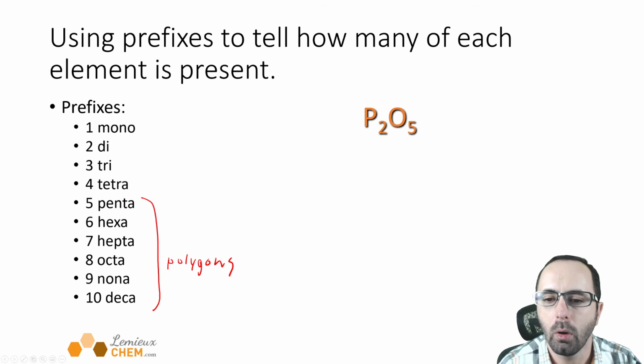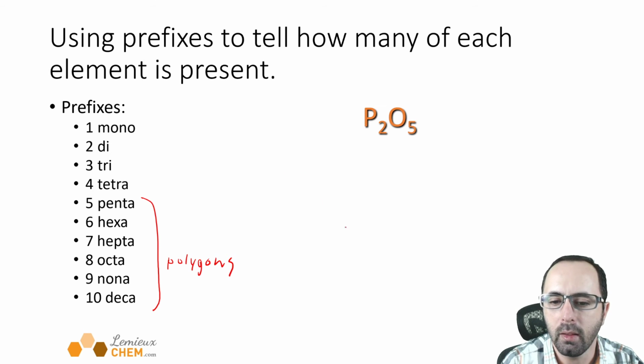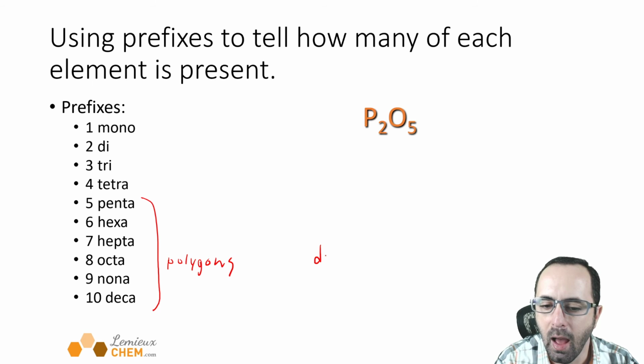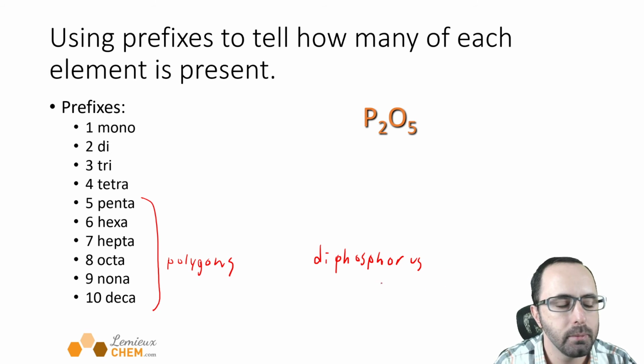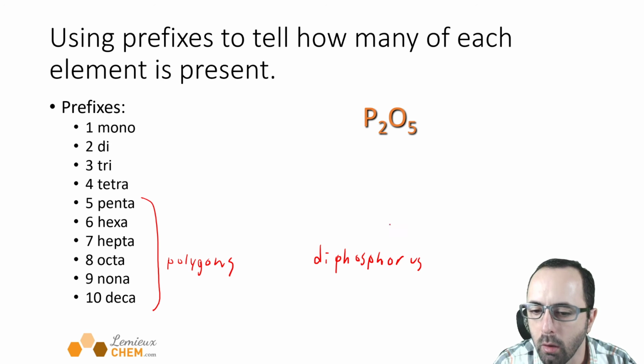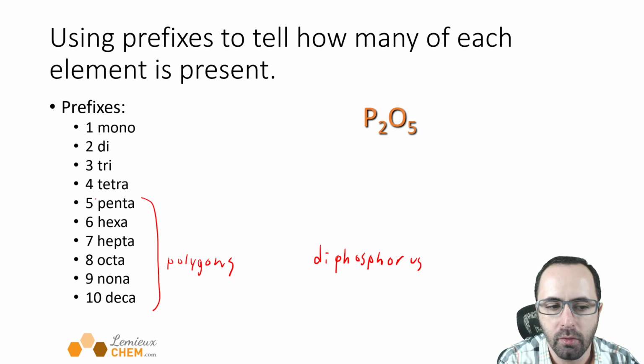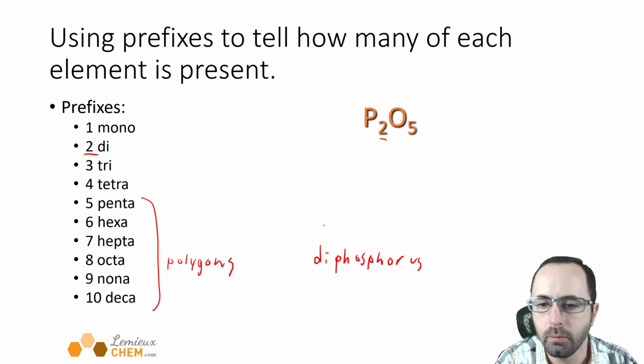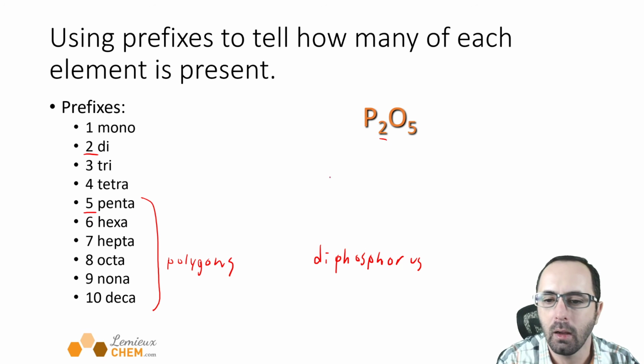So with this one, the way we're going to write this is we're going to say di, and then we write the name of the first element, phosphorus. And then we're going to write penta, because there's 5. So di because there were 2 phosphorus, and then penta because there's 5.